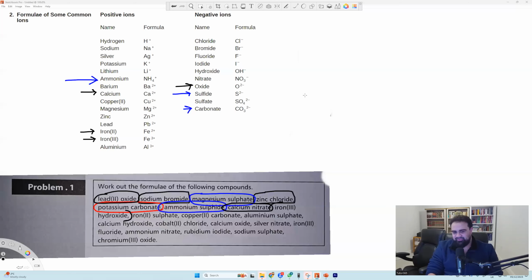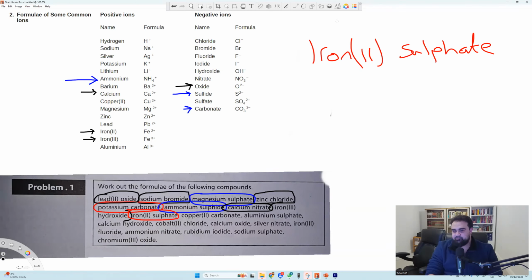All right, so Imran, let's do this one together, okay? So what is this? This one is iron 2 sulfate. So talk to me.